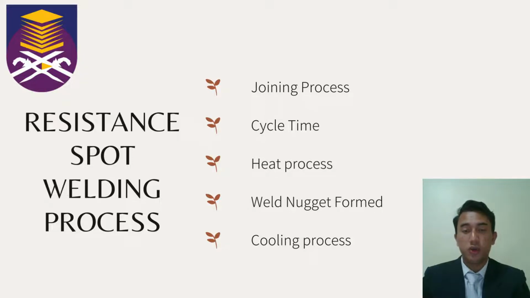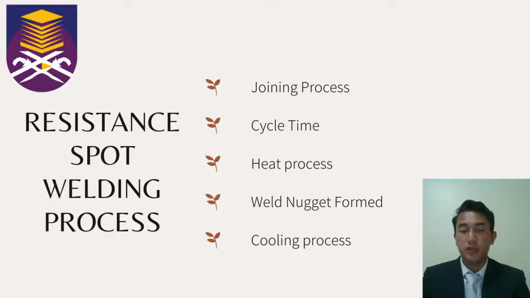So for the heat process, it is a combination of time and current, and it refers to Joule's law. For the weld nugget formation, the electrode force used will affect the size of the weld nugget, and through the combination of time and current, the heat will create a melting point, where the nugget will melt according to the temperature and time.